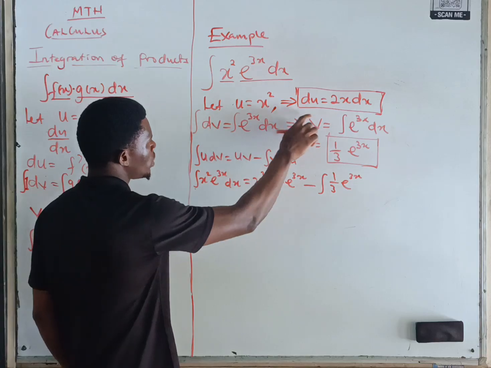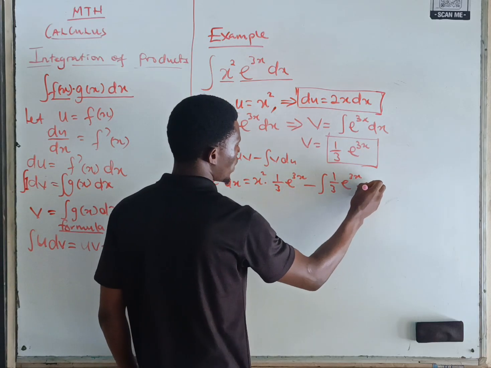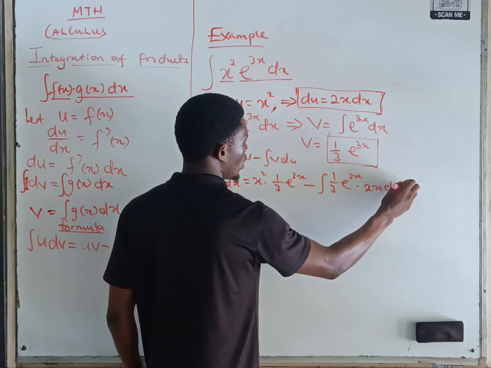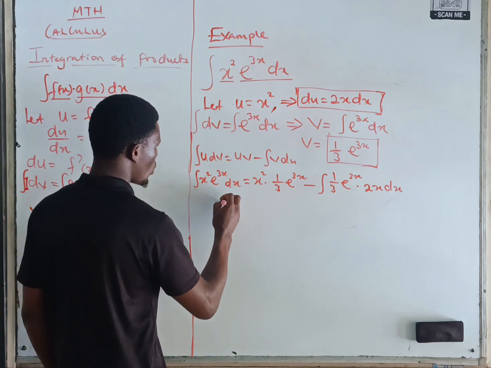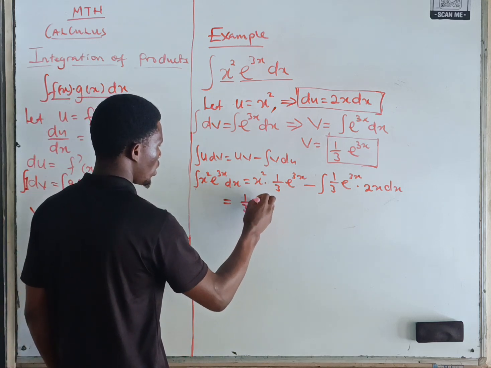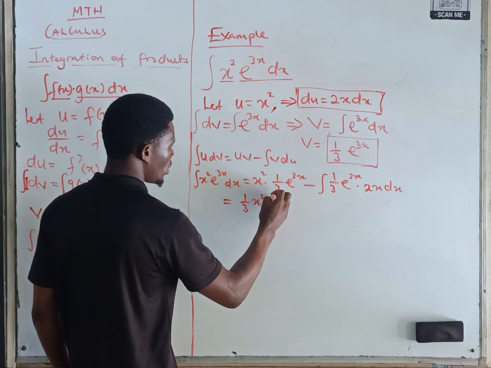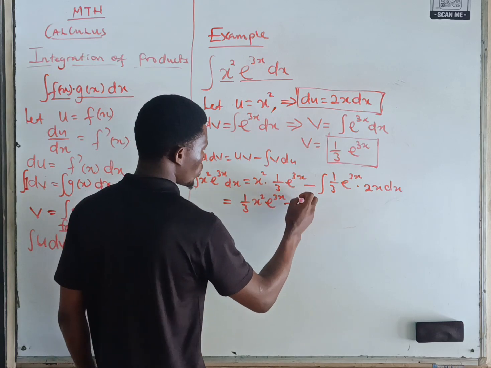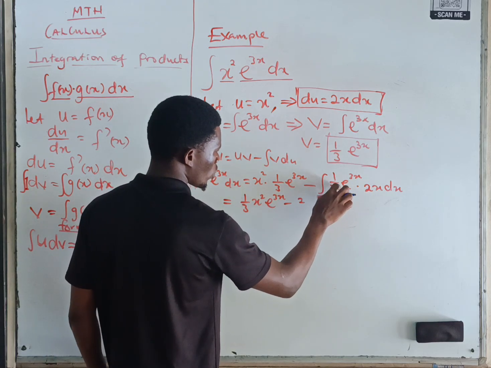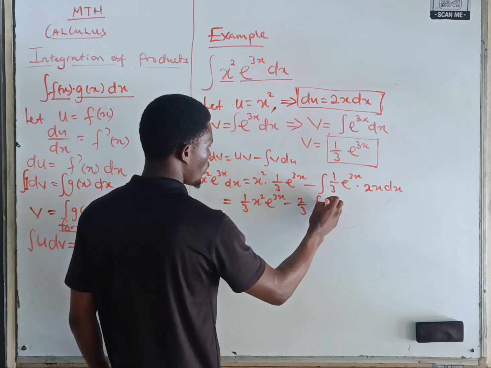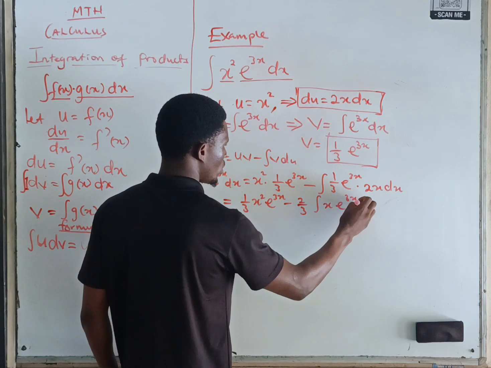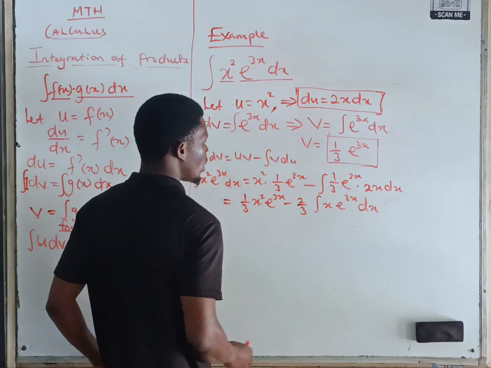So du is 2x dx, so that is multiplied by 2x dx, right? So let's tidy this up. We have 1 over 3 x squared e raised to power 3x minus, now we can factorize out 2 over 3, that is 1 over 3 times 2, that is 2 over 3. Then we have the integral of x e raised to power 3x dx, right?